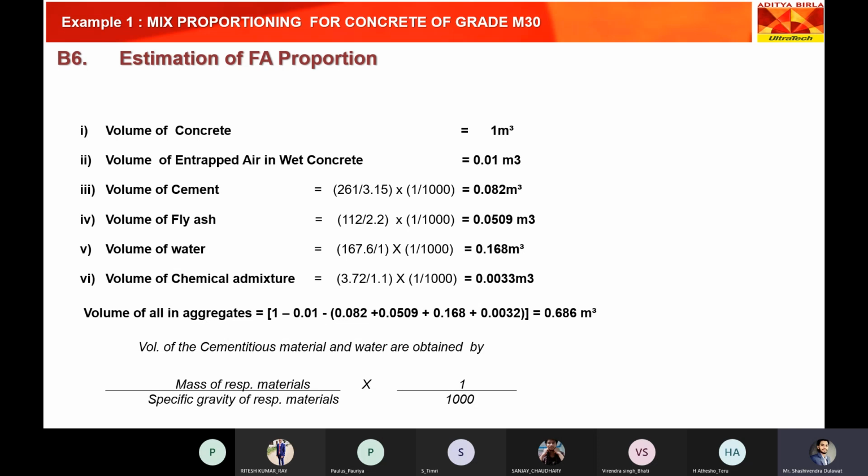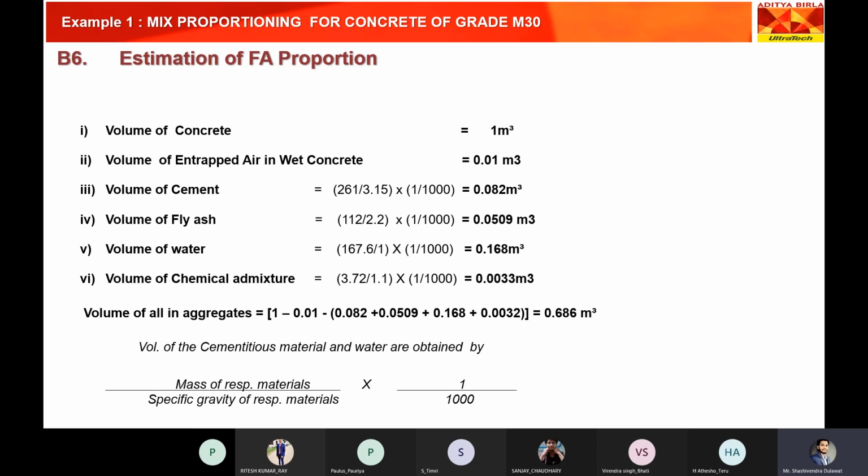Then the volume of chemical admixtures: the quantity is 3.72, and the specific gravity of the chemical admixture is 1.1, into 1 upon 1000. So the value is 0.0033 meter cube. So the volume of all ingredients is equal to 1 minus 0.01 minus the sum of the volume of cement, volume of fly ash, volume of water, and volume of chemical admixtures.